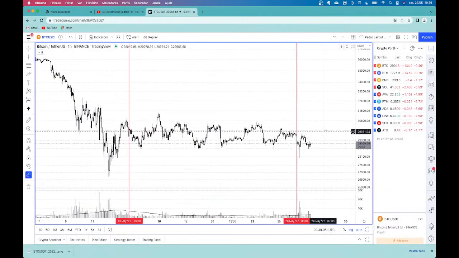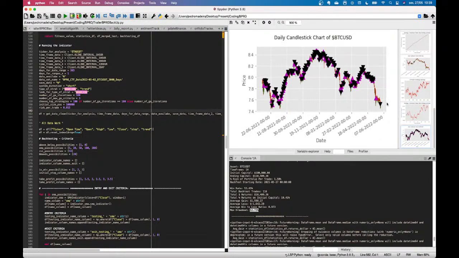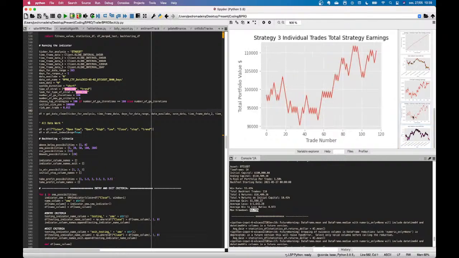The market has been ranging, so it's nothing relevant. That's why you can see this trade here. It's nothing very relevant.